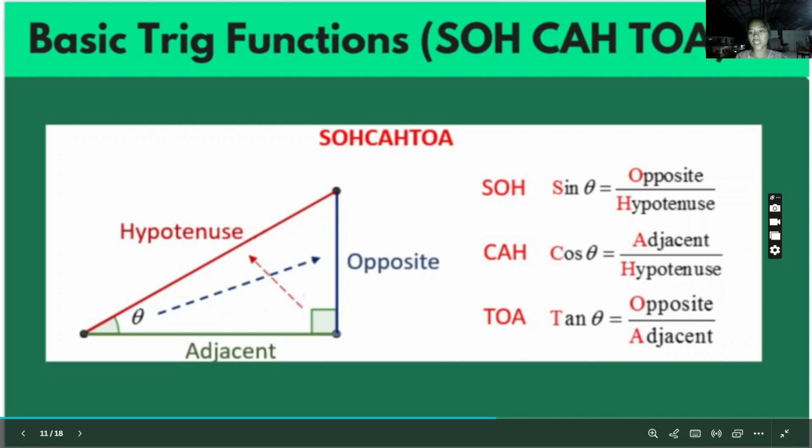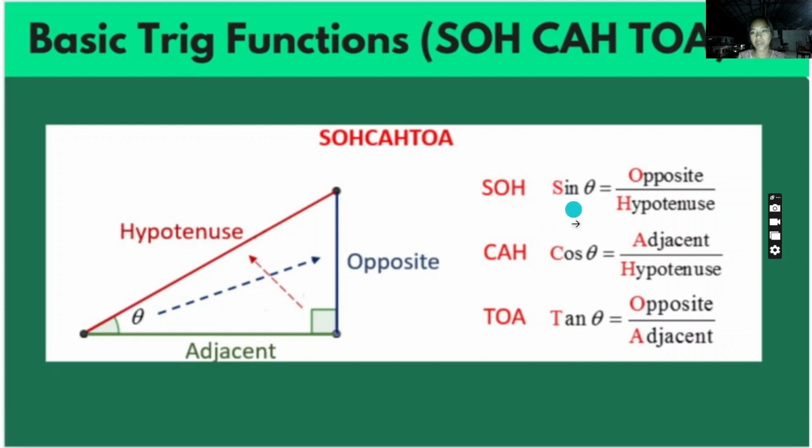Okay, so let's start with the basics: sine, cosine, and tangent. Remember SOHCAHTOA. Sine is the opposite, so this is the sine. Its formula is opposite over the hypotenuse. And then CAH, which is the cosine: adjacent over hypotenuse.